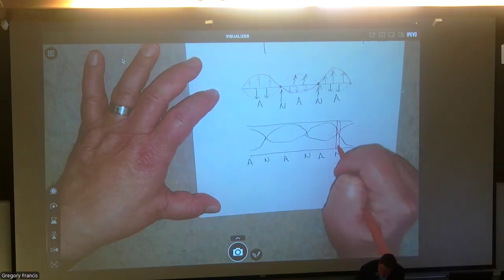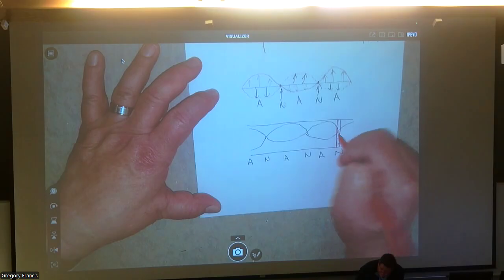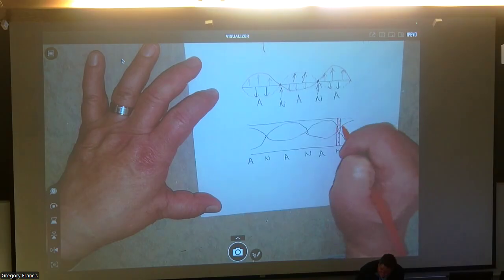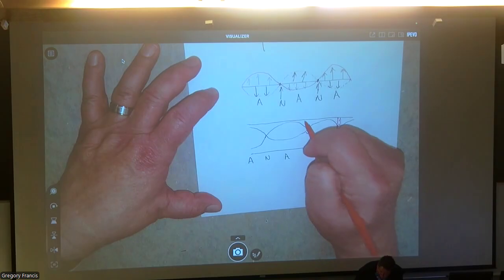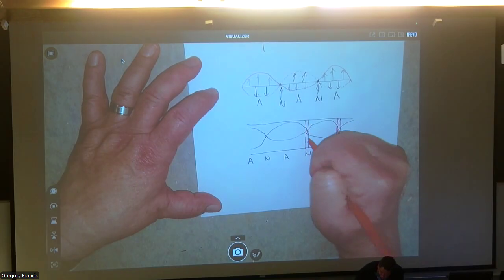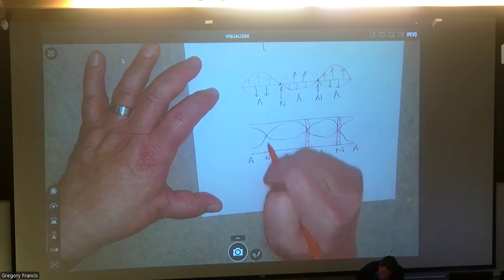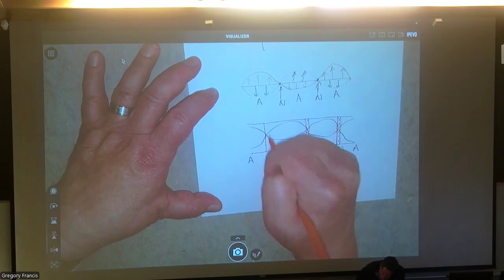And all of these points are at a node. None of them are moving during the whole process. Likewise, I have a node here, and none of these are moving. And likewise here, none of these are moving.